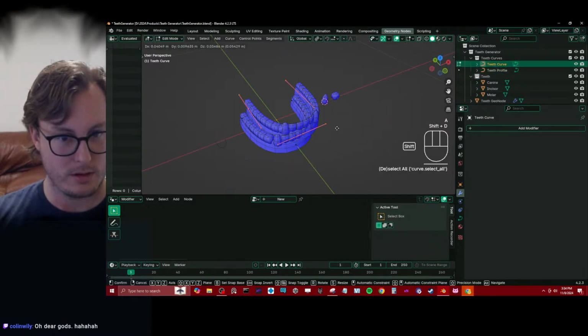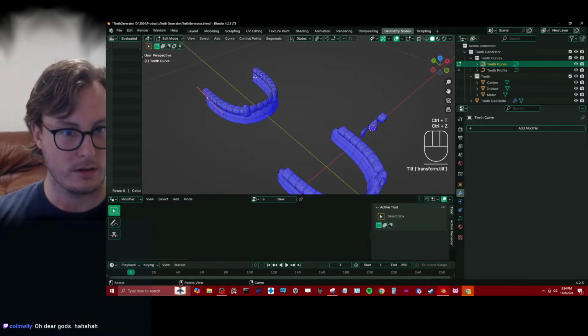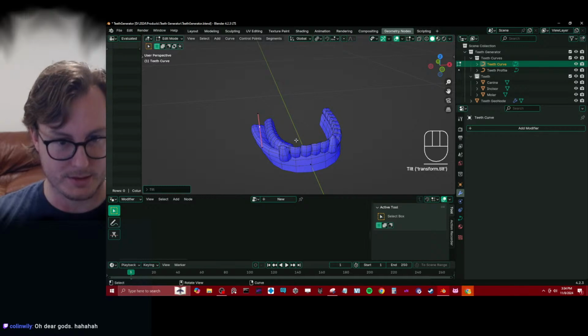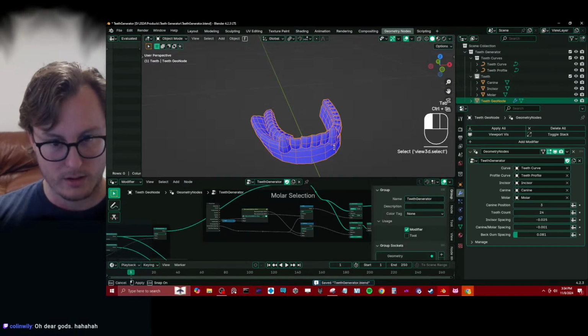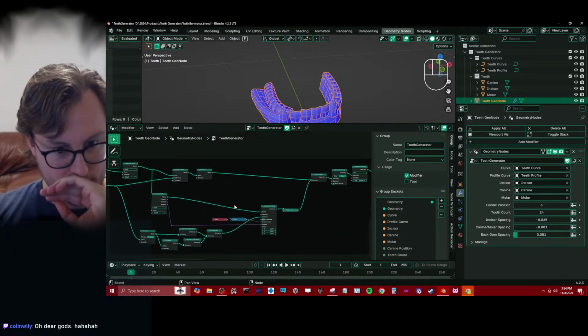Interesting though that the teeth here go opposite directions.